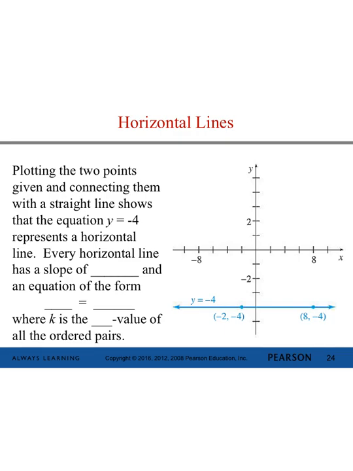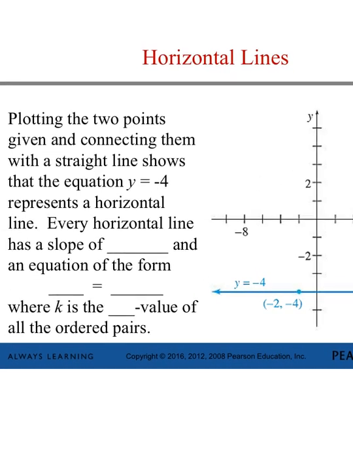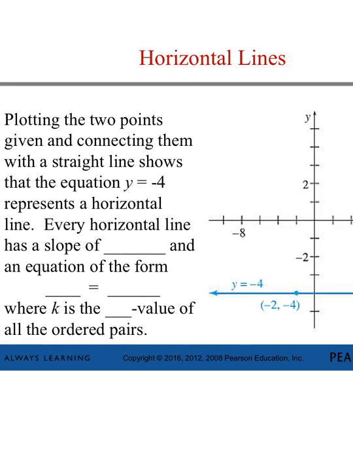And just to further the example here, plotting the 2 points given, which was the 2, negative 4, and the 8, negative 4, you see that you do indeed get a horizontal line through all the points on y equals negative 4.